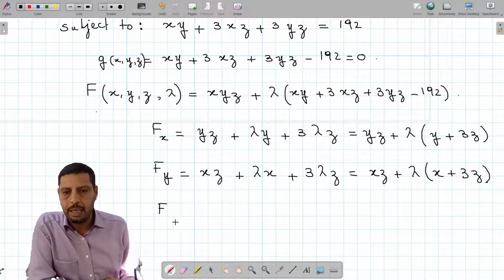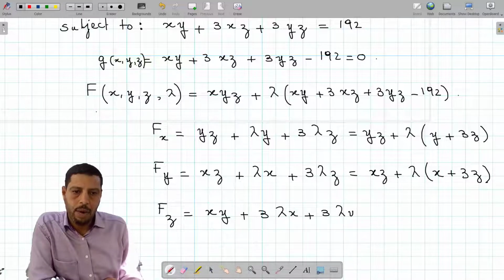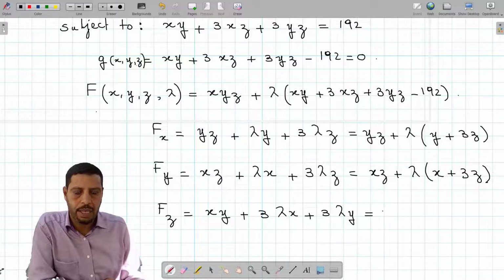The third one is Fz, and here it's equal to xy plus 3 lambda x plus 3 lambda y. And here again, we can put the lambda as a factor, so it's xy plus lambda times (3x plus 3y).